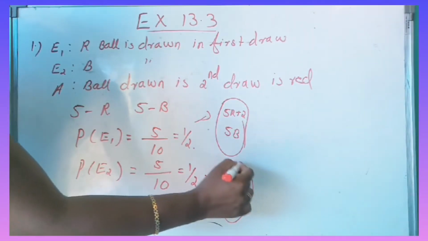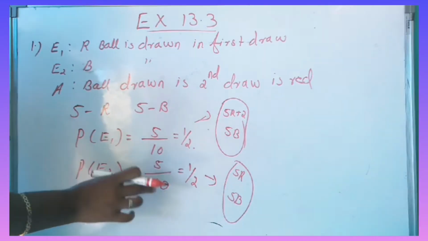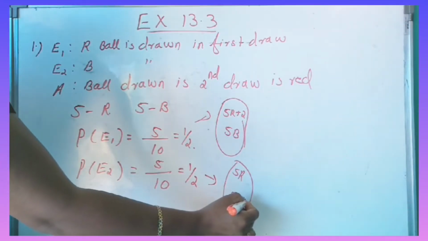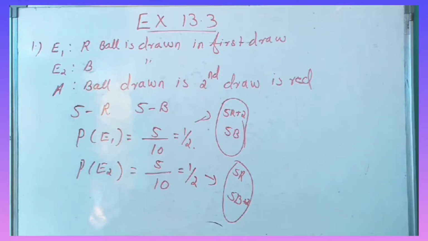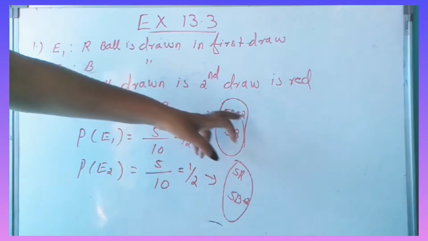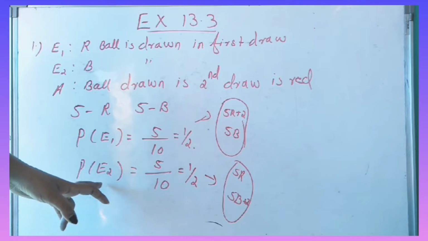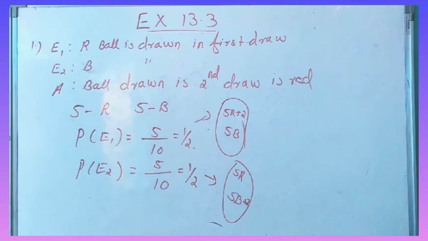Then 5 red balls and 5 black balls we already have, and we will put 2 additional balls of black color. Clear? If we have a red ball in the first draw, we put 2 additional red balls. And if we have a black ball in the first draw, we put 2 more black balls into that bag. Okay.